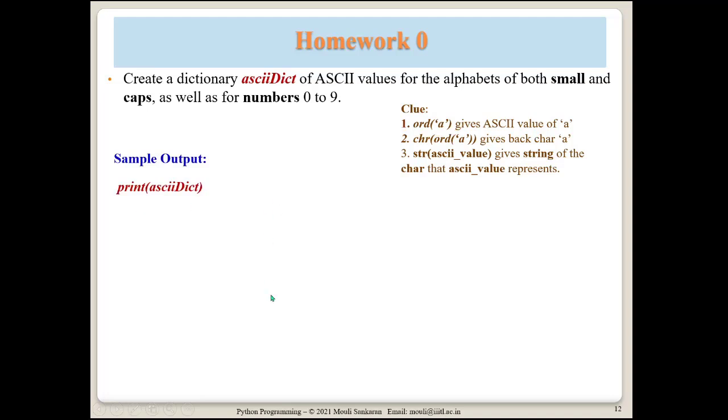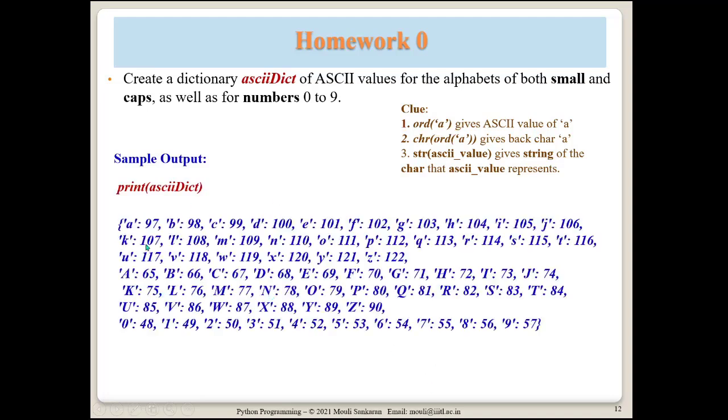Print the ASCII dictionary. It will be like A will have a value of 97, B is 98. This is what you will get when you print it. What I want is for the ASCII values to be on this side, but not there. So this is a string. I told you the reverse way.